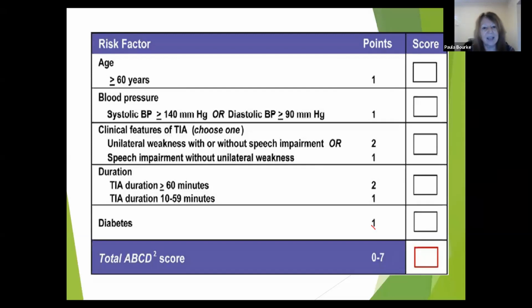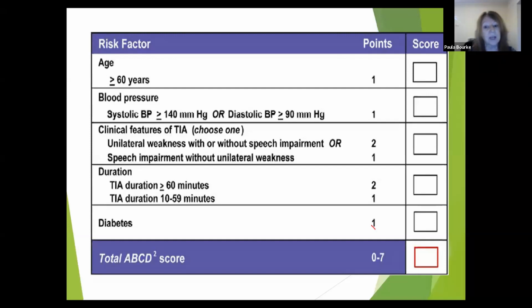Did the TIA last longer than 60 minutes? That's a 2. If a TIA is lasting longer than 60 minutes, you will often find evidence of the stroke on an MRI, so you're looking in that area. TIA duration between 10 minutes and 59 minutes, you score 1 point. And these, don't forget, are completely resolved.